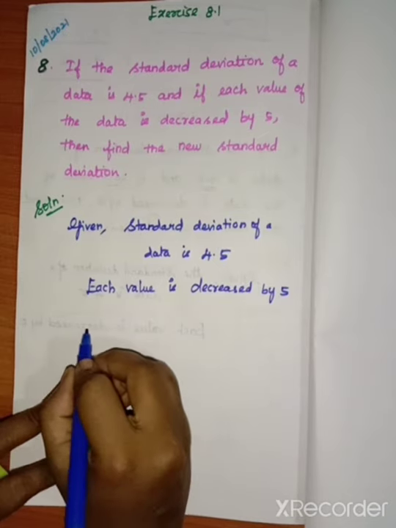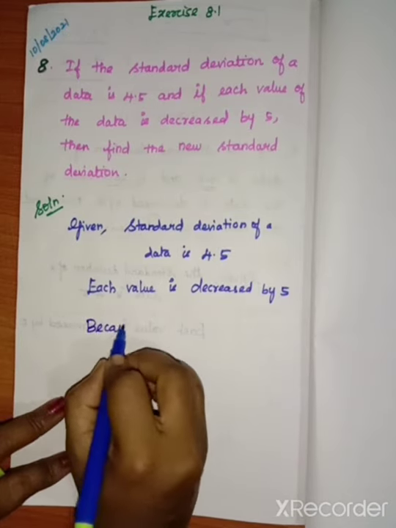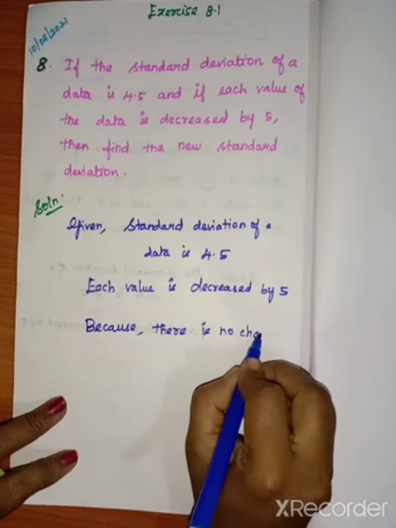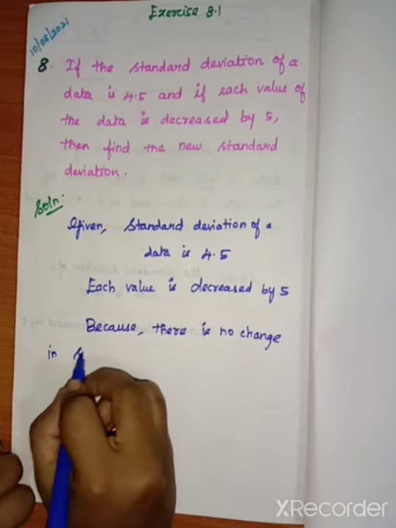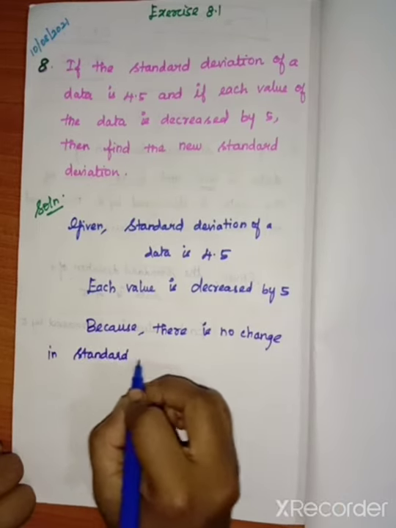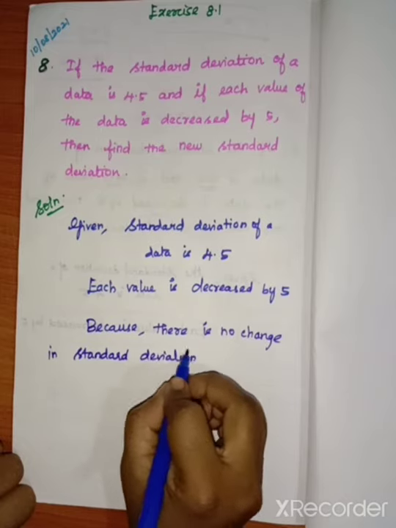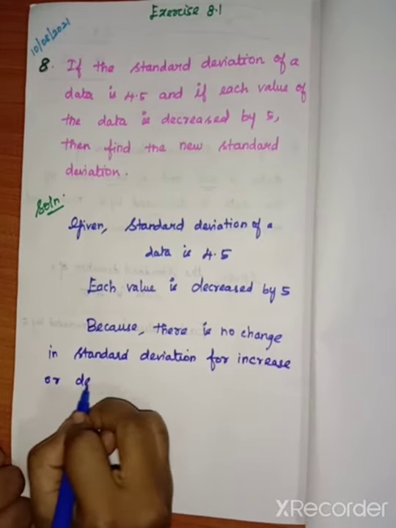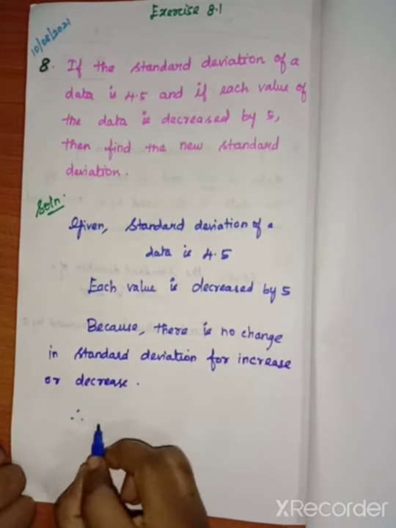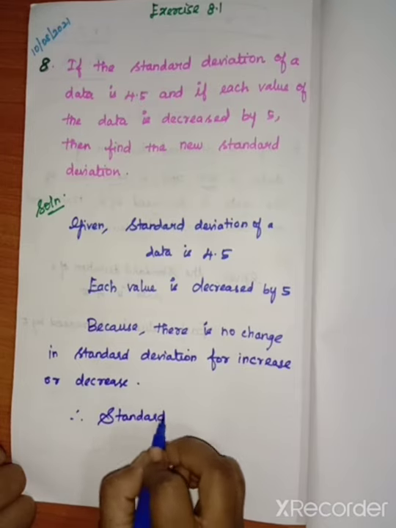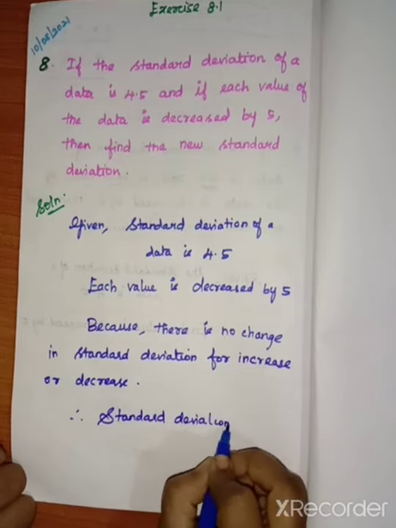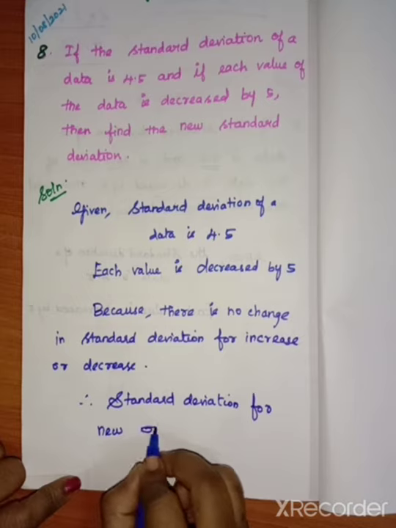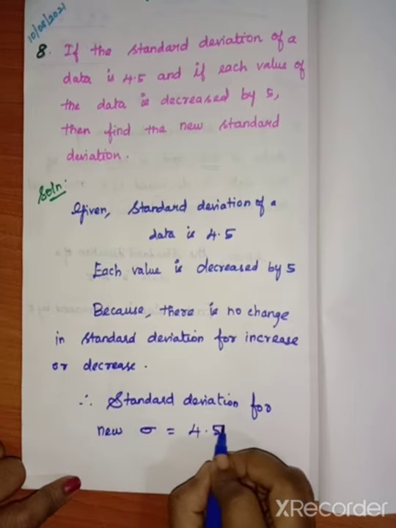Therefore, there is no change in standard deviation for increase or decrease. So the new standard deviation sigma equals 4.5.